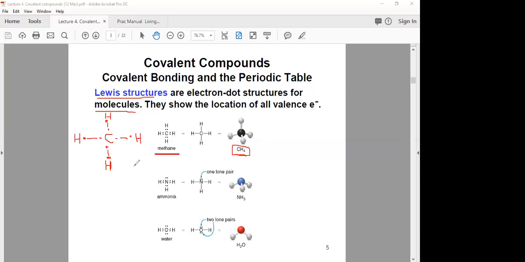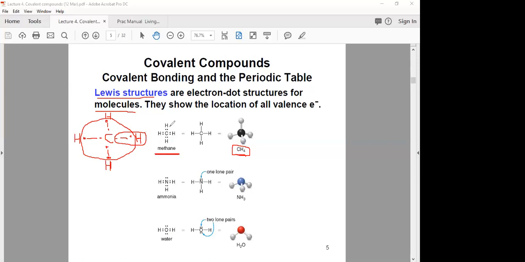And now as a result of these 4 covalent bonds, we can actually see that carbon is now surrounded by 8 electrons. So carbon has achieved its octet, and of course each of the hydrogens is surrounded by the ideal 2 electrons to achieve a more stable configuration.